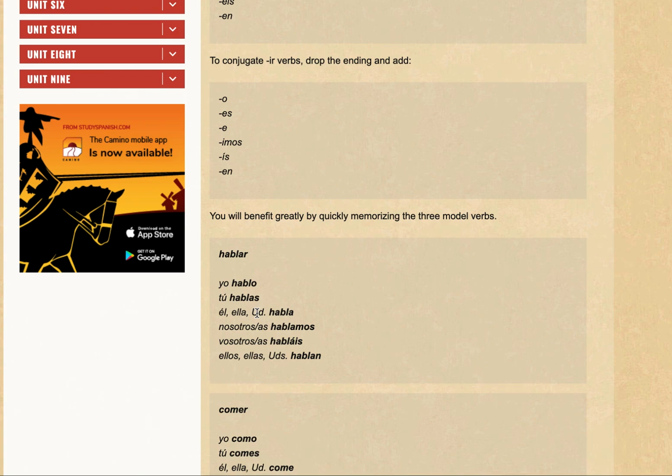So what we need to remember is Usted comes in the same group as el and ella, and Ustedes comes in the same group with ellos and ellas. I guess the way we can remember it is Usted has an E to it, right?